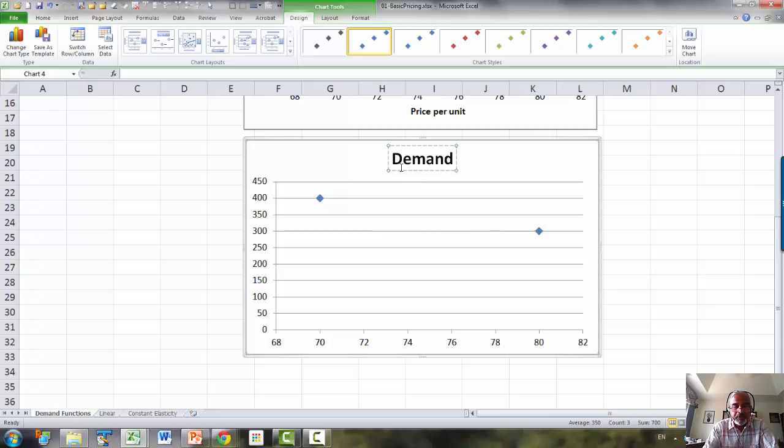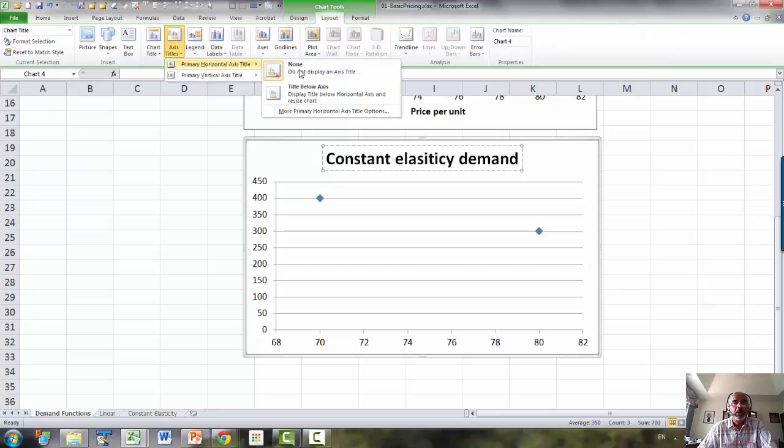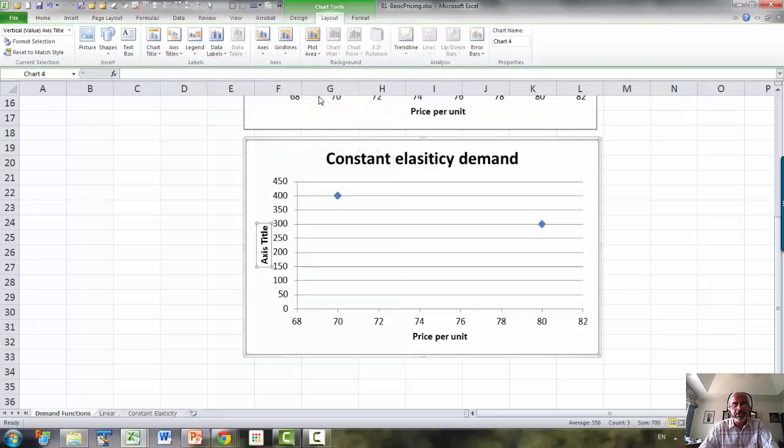Now let's change the titles. This is the constant elasticity demand chart. The horizontal axis is price per unit and the vertical axis is demand.